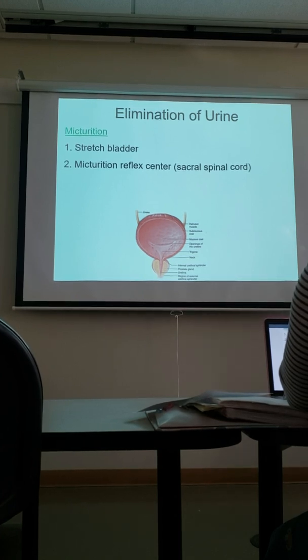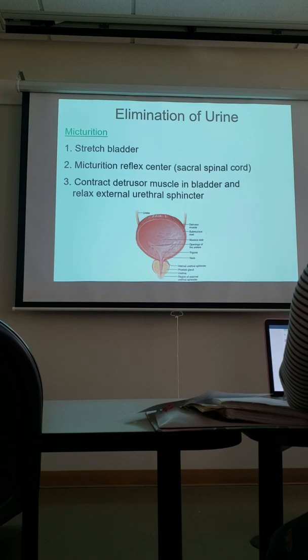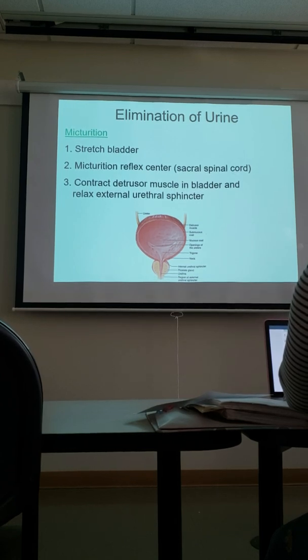So bladder stretches, that's the sensory signal. It goes to your micturition reflex center, which is your integration center. And from there, you activate your muscle. You've got your motor output. So notice it's that same pattern we've seen: sensory input, integration center, motor output.